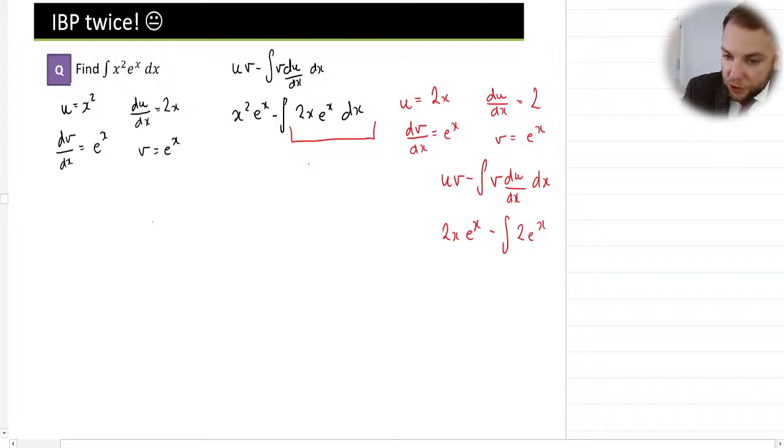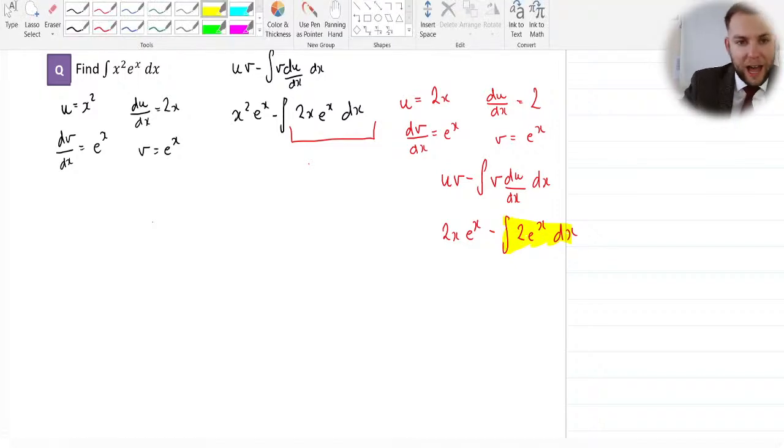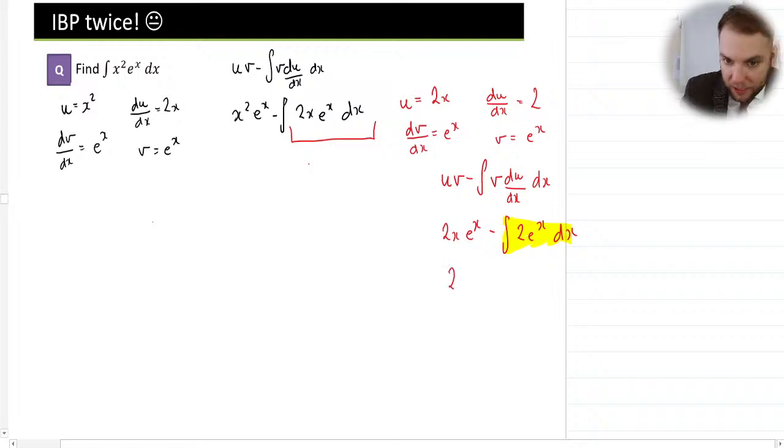So it's going to be 2e to the x with respect to x. Now I can actually integrate this. So let's do that. So it's going to be 2x e to the x minus 2e to the x integrates to 2e to the x plus c.